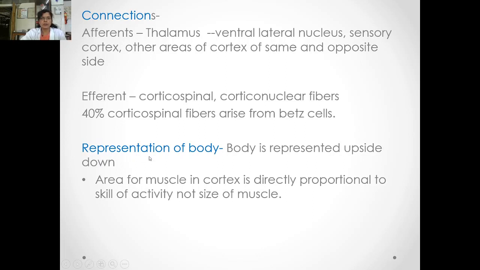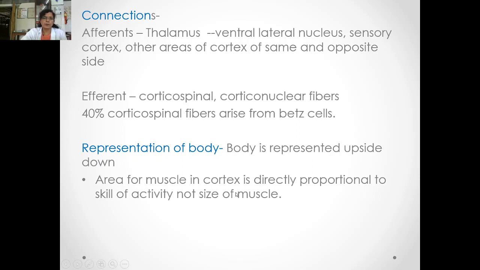Then the representation of the body. In this area, the body is represented upside down. That means the head is present in the lower part. Then the area for muscle movements in the cortex is directly proportional to the skill of the activity and not the size of the muscle.